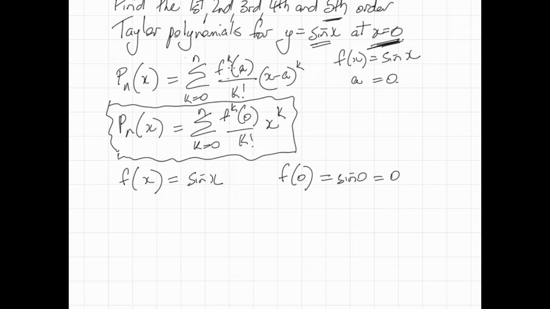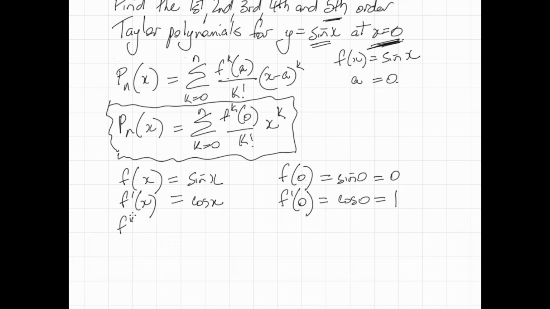We then need f dash of x, and the derivative of sine x is cos x, so f dash of 0 is cos of 0, which is equal to 1.